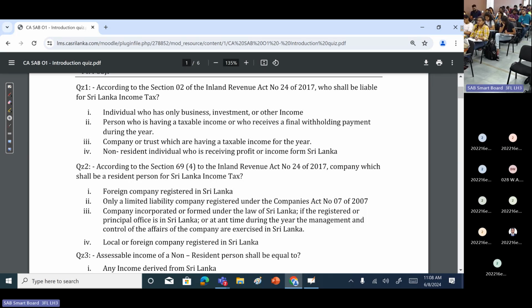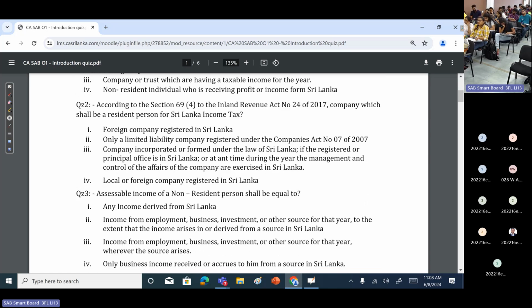No. Right. So question number 2, according to section 69, so don't worry about the section, right? Section 69 of the Inland Revenue Act number 24 of 2017, which company shall be a resident person for Sri Lanka income tax? Foreign company registered in Sri Lanka. Only a limited liability company registered under the Companies Act number 7 of 2007.